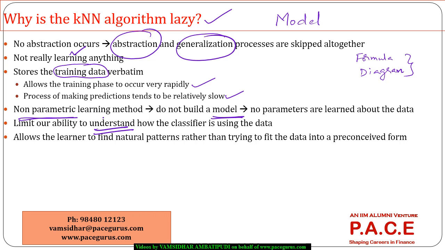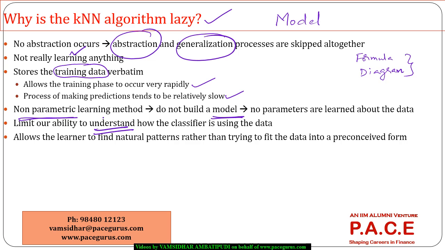Those things we could have understood if it were a parametric method. Because there is no formula, there is no way for me to understand which variables are important or unimportant in the classification process.